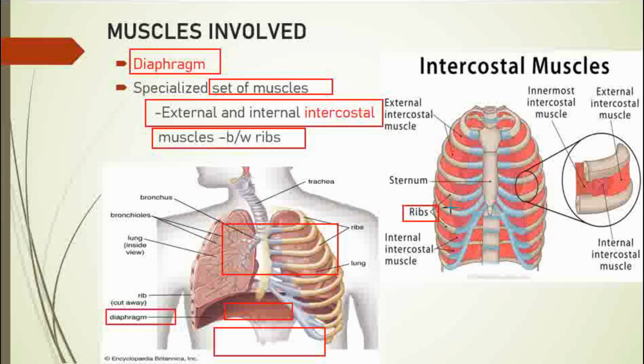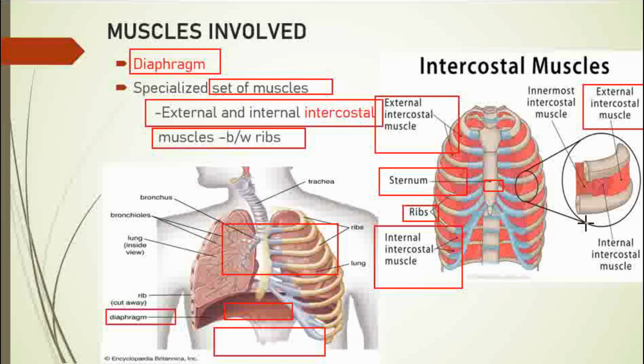Between the rib bones we have the external and internal intercostal muscles. As you can see in the picture, there is the sternum. In the magnified picture, there is the external intercostal muscle, the internal intercostal muscle, and the innermost intercostal muscle. They are layers between the ribs. These muscles are also involved in breathing.